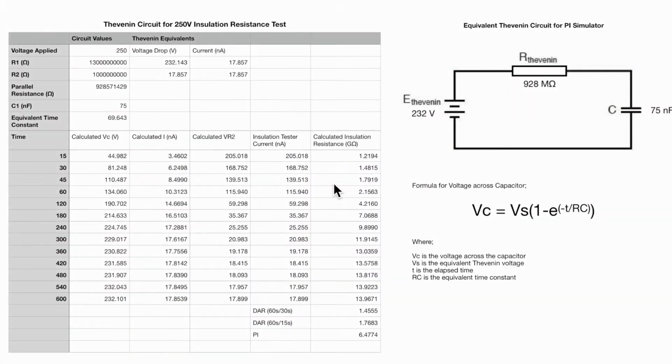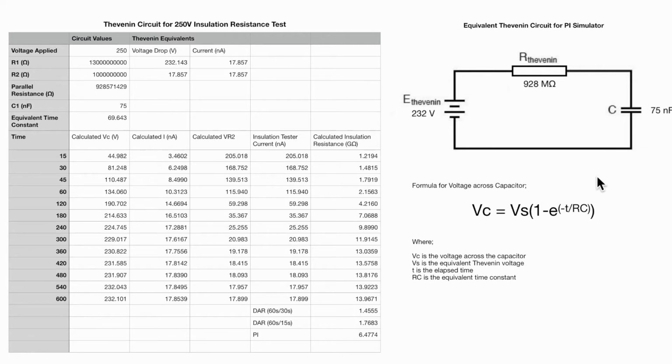Okay, so the time constant worked out by the nominal resistance and capacitance values isn't quite right for this circuit because it's a more complex circuit than that. So to work it out completely theoretically, you have to calculate the Thevenin equivalent, and that's what I've done in this little table and the diagram here. This is the equivalent Thevenin circuit here with the final resistance, supply voltage and the capacitance.